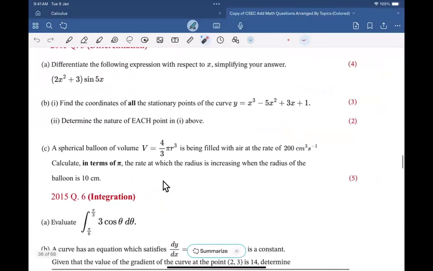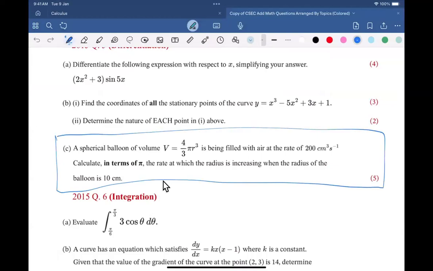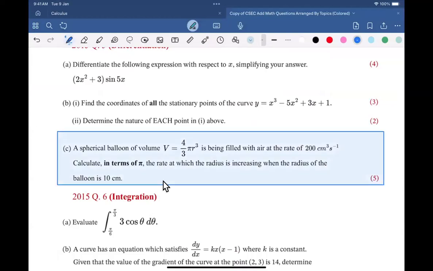All right, I want you to try question C. Try question C, this over here. All right, so I want everybody to try this question for me. Amy, if you didn't do this question yet, try it.